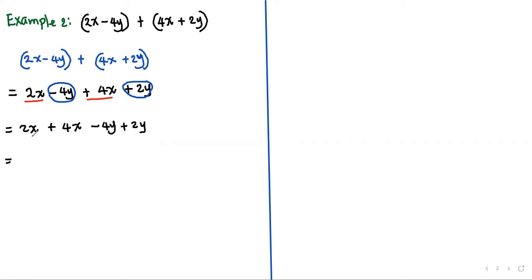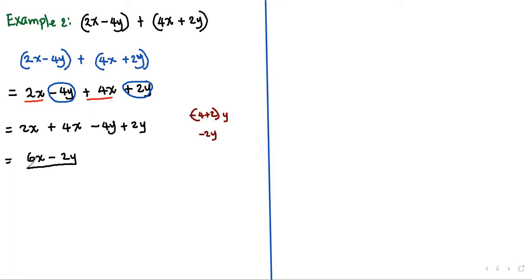Okay, now we know that 2x plus 4x, that will be 6x. Then minus 4y plus 2y, we just need to get it as minus 4 plus 2 times y. And minus 4 plus 2, that will be minus 2, then y. So this means that we are getting 6x minus 2y. So this will be our sum.